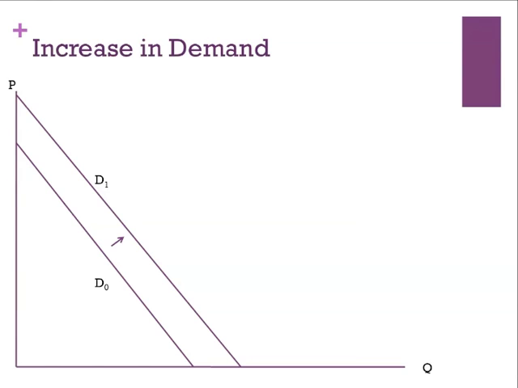Now, let's make sure that we understand that this is an increase in demand and not an increase in quantity demanded. Quantity demanded is simply moving along D naught, D0. So if there's a change in price, then there is going to be a movement along the curve.